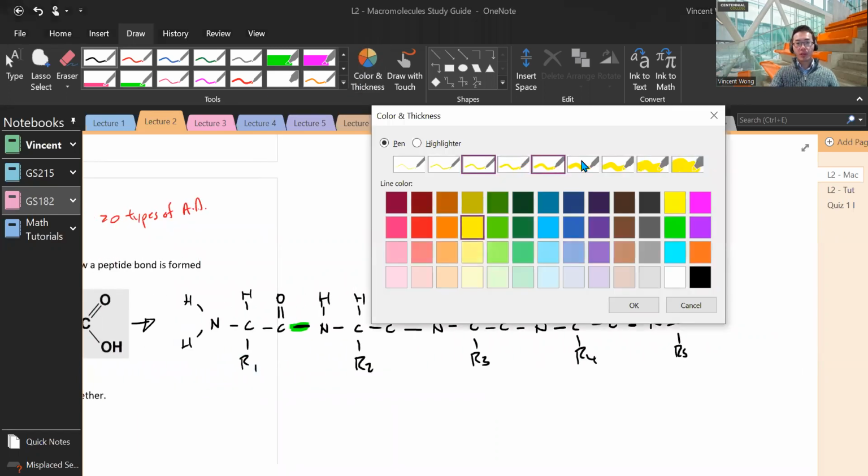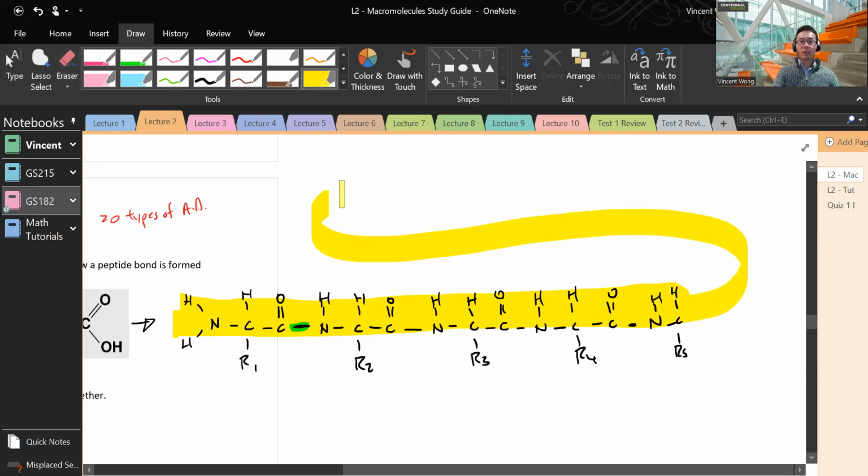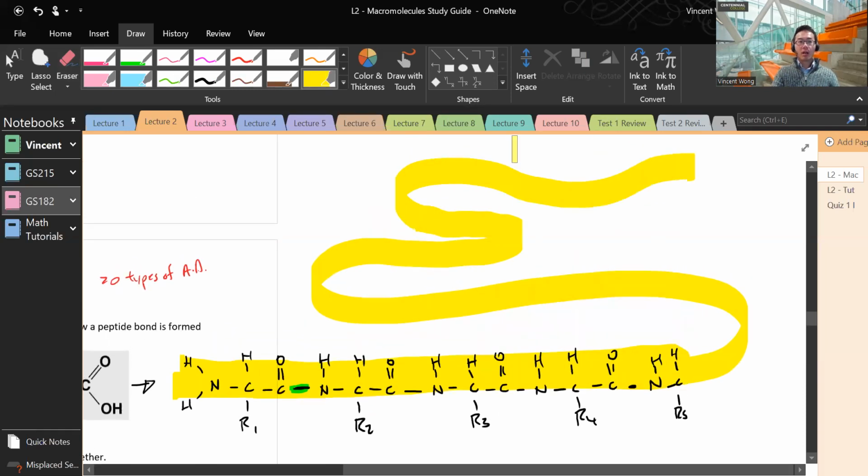I hope you can see that the structure over here, this part here, just keeps on repeating itself. Look at it. It's the same thing over and over again. We have a CH, CO, NH. CH, CO, NH. CH, CO, NH. It just keeps on repeating. So if I keep on doing this, you will eventually form a very long polypeptide.